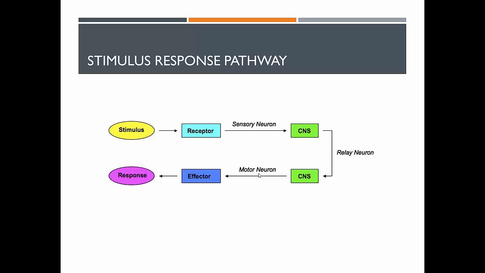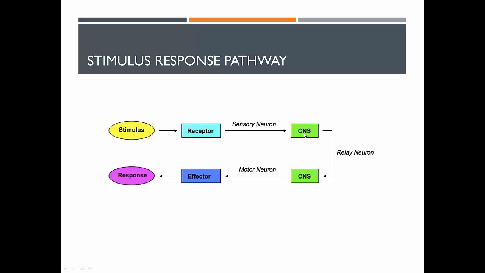So we get to this concept called a stimulus response pathway, and this is a flowchart that you should get some practice with. It might be worth jotting this down at some point. So you start with a stimulus, and it is detected by a receptor, and it travels along a sensory neuron.